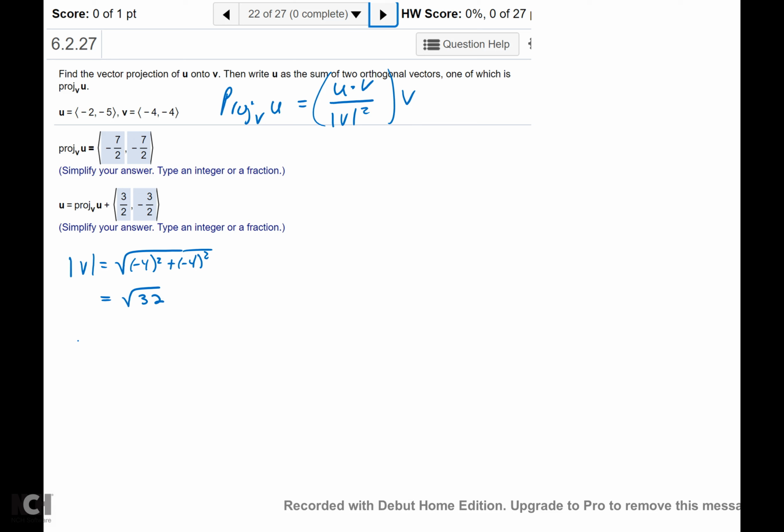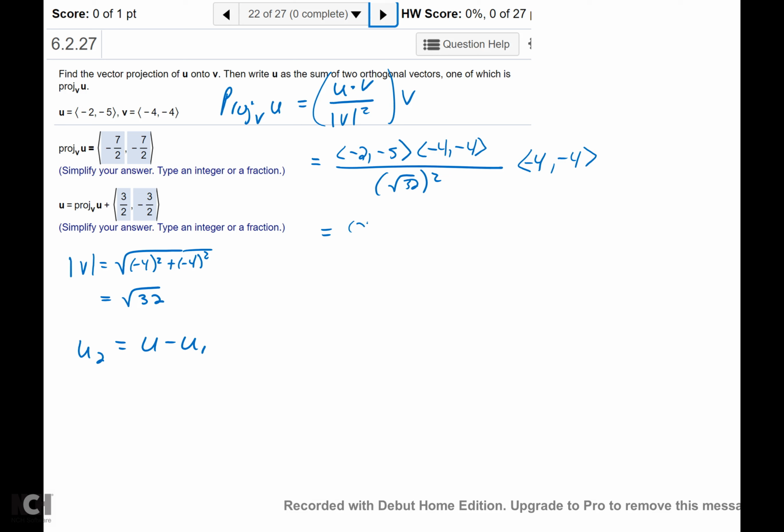And then also remember that u2 is equal to u minus u1. So, to find the projection, I'm going to say negative 2, negative 5 dot negative 4, negative 4 over the square root of 32 squared times negative 4, negative 4. This comes out to negative 2 times negative 4 plus negative 5 times negative 4 over 32 times negative 4, negative 4.